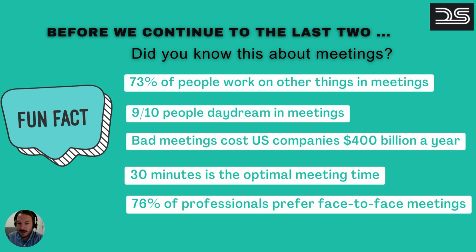Bad meetings cost the US companies $400 billion a year in dollars. 30 minutes is the optimal meeting time. 76% of professionals prefer face-to-face meetings. What do you guys think about that?